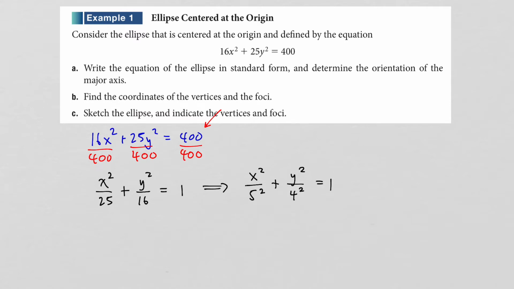So clearly you can see that the larger of these two numbers is under the x, and that means that this is a horizontally situated ellipse. That means that the major axis is horizontal.